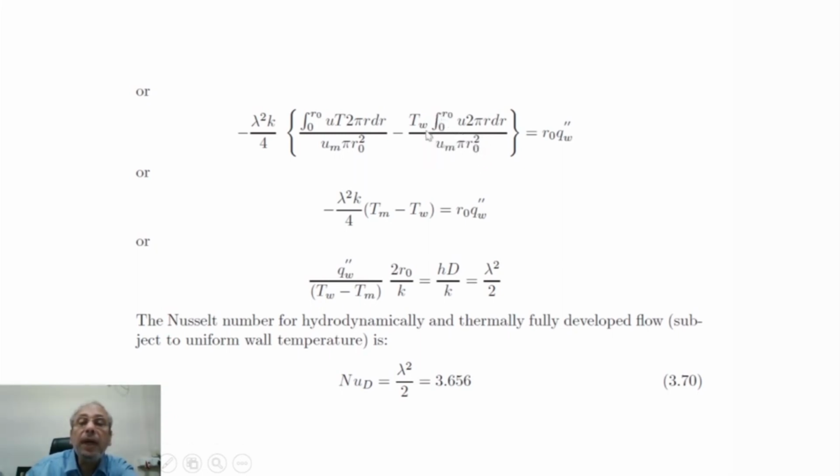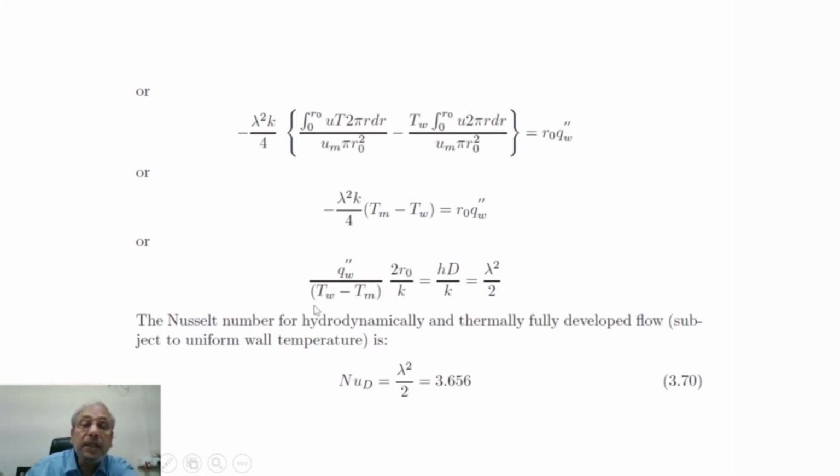So from here we get Tw equal to R naught Qw double prime, and then we can rearrange: Qw double prime divided by Tw minus Tm into twice R naught by k.